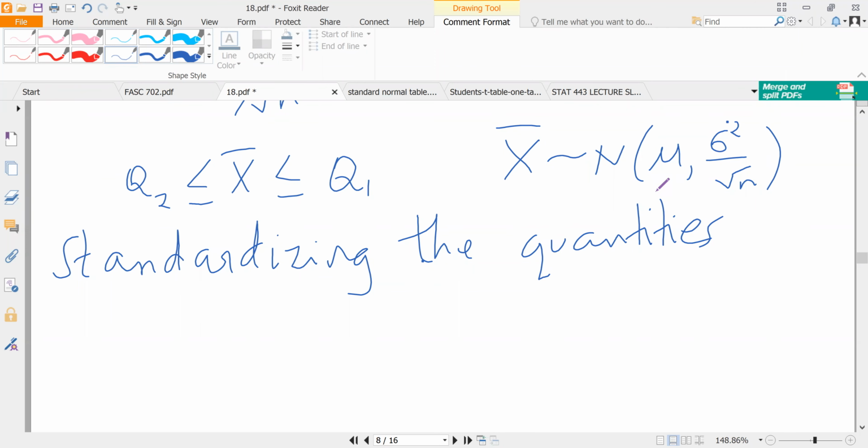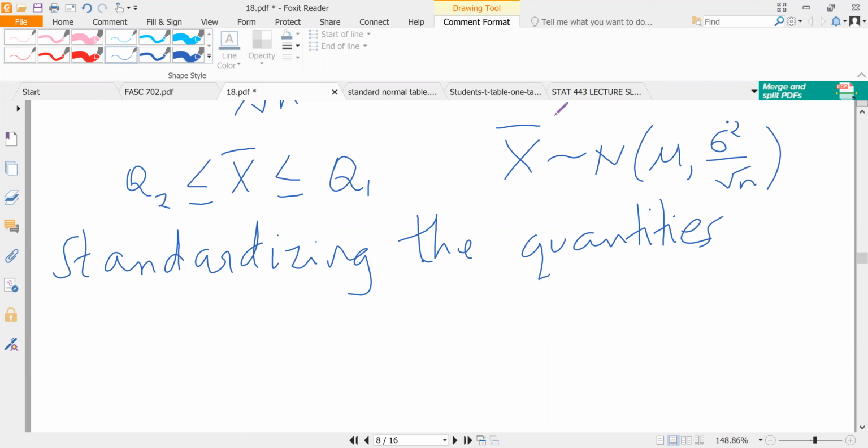They are independent with the same distribution, so Q1 and Q2 also have the same distribution with the same parameters. That is what we mean by independent and identically distributed.